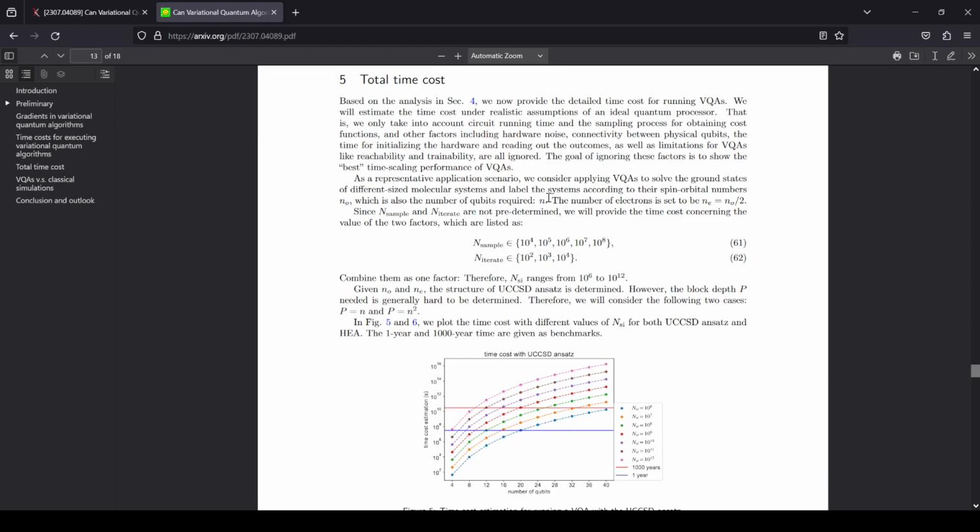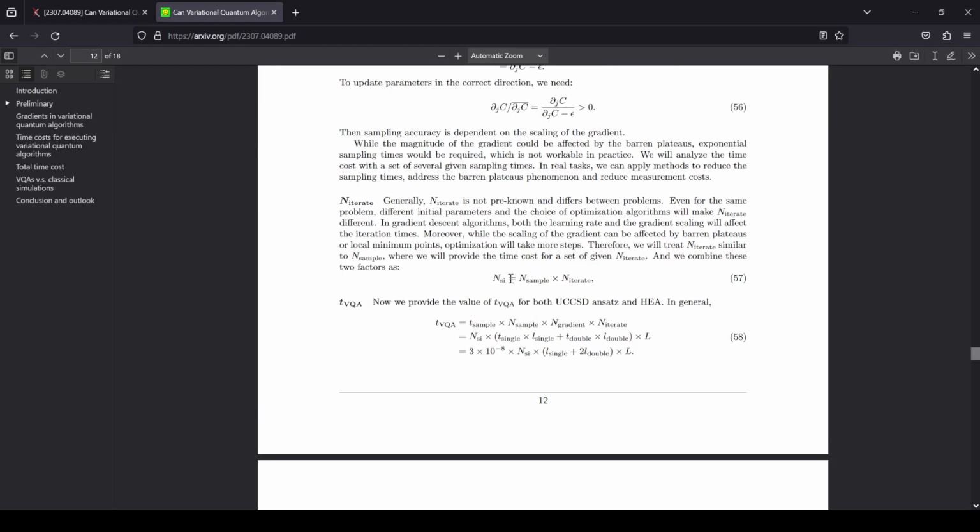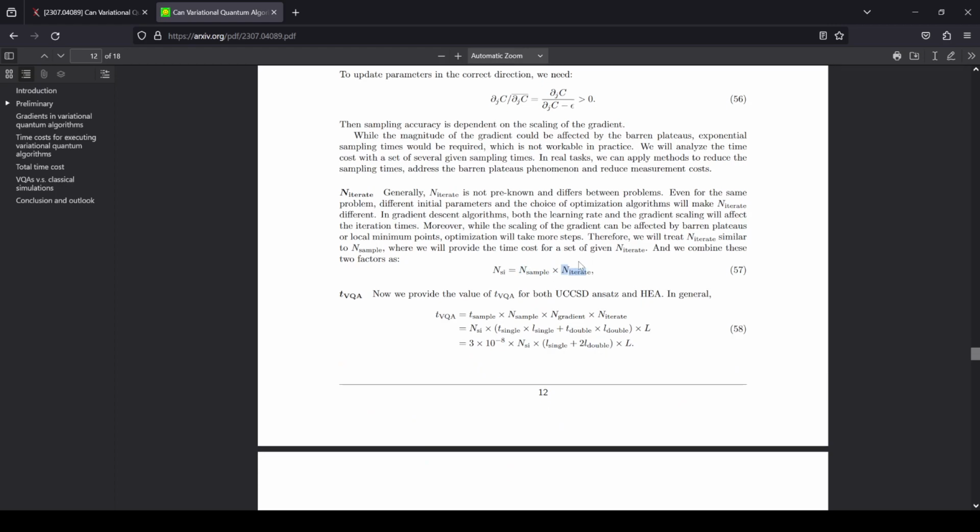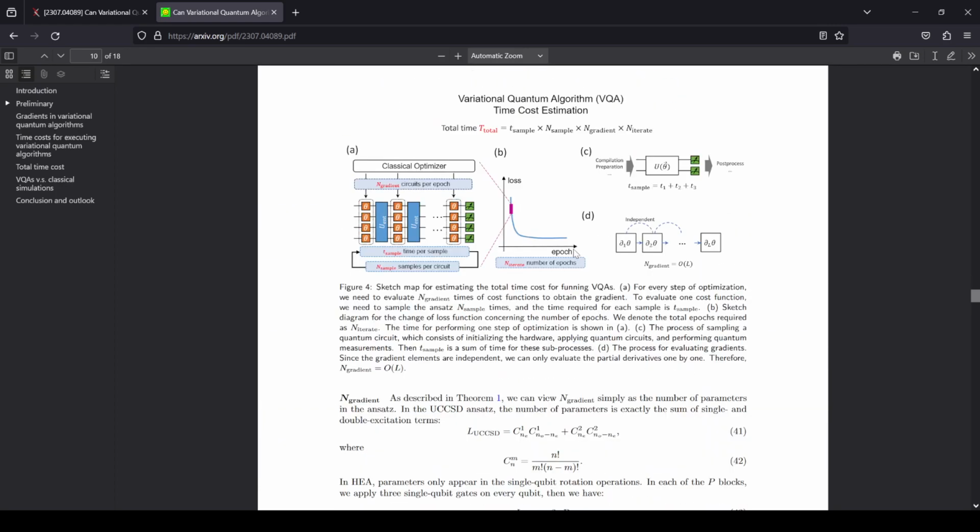And so this NSI, which they list somewhere up here, is just the number of samples times the number of iterations. If we go back to this figure, we can see that however many samples we have to do per circuit varies depending on the level of accuracy we would want.